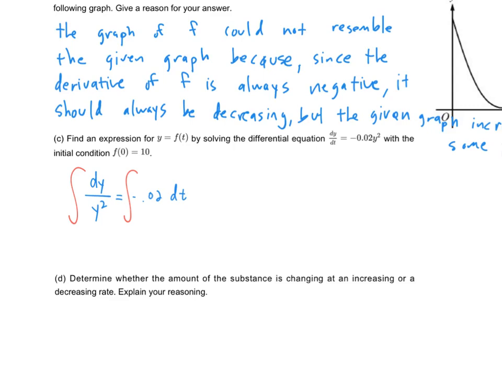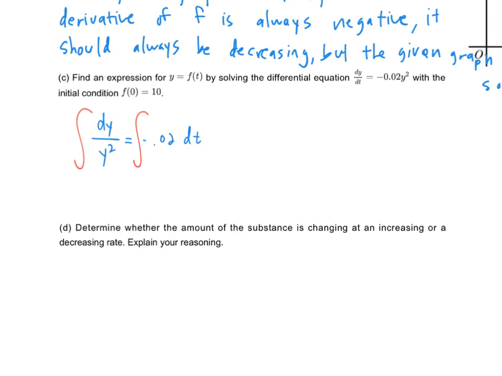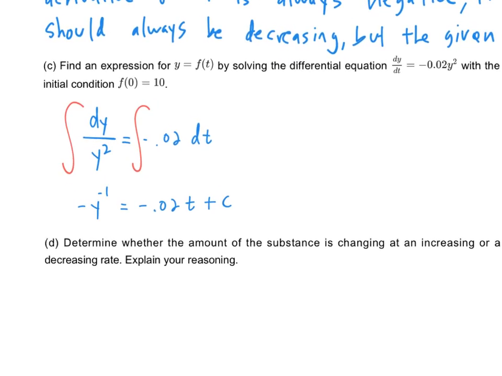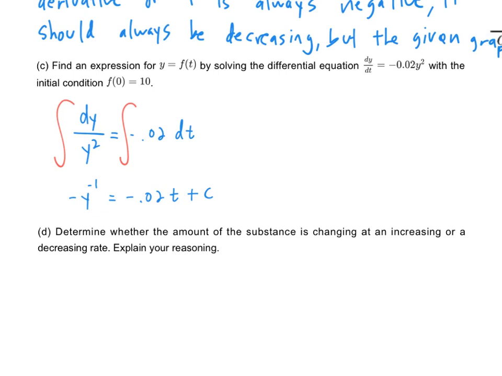We integrate both sides. Okay, left-hand side is negative y to the -1, just integrating y to the -2. Right-hand side is -0.02t plus c. Okay, we know the initial condition: when t is 0, y is 10.